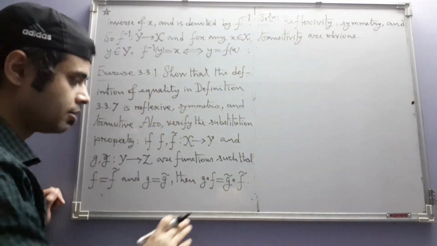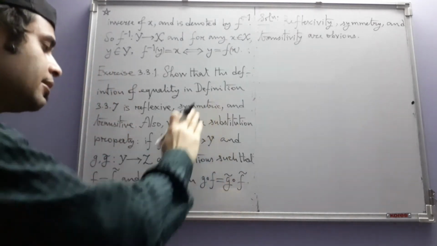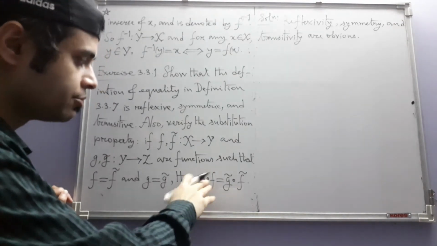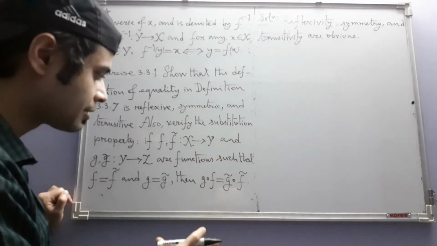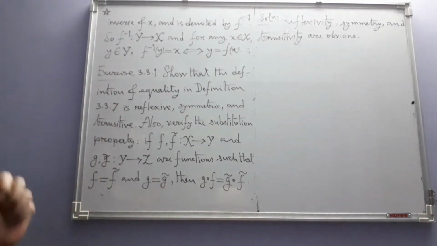So first of all, when you want to show that two functions are equal, according to this definition, it's not enough to just calculate the values of the functions at any point in the domain. You have to first of all make sure that the functions have the same domain and same range.